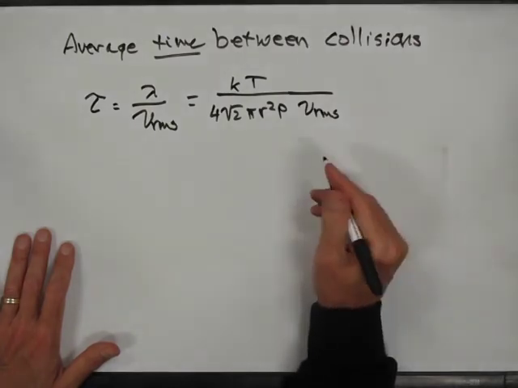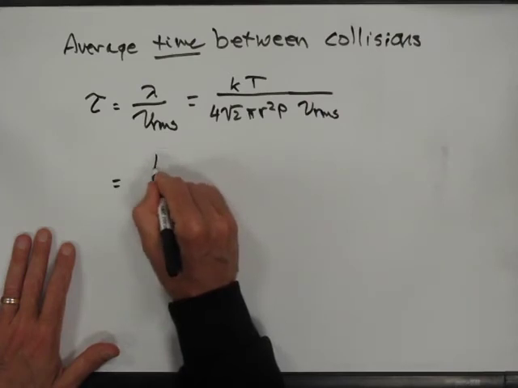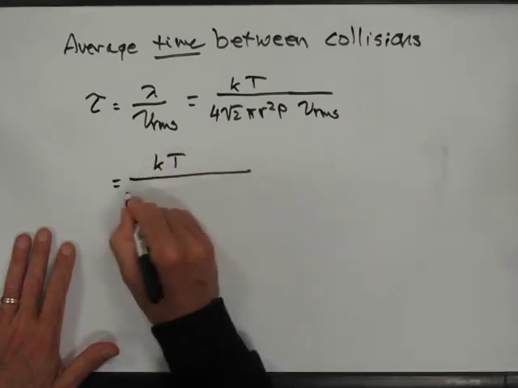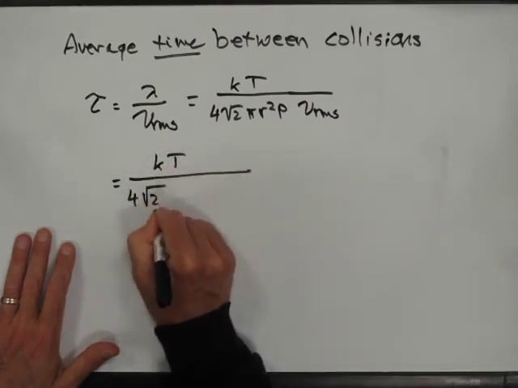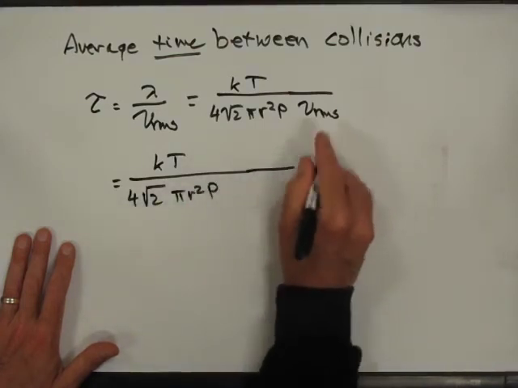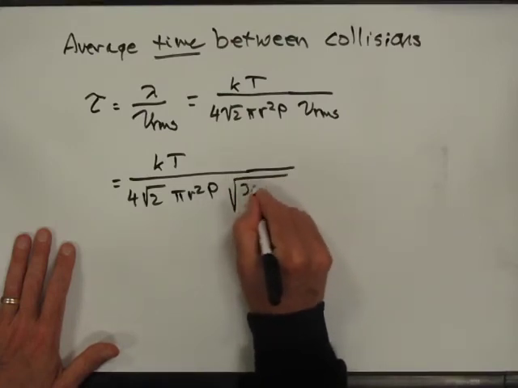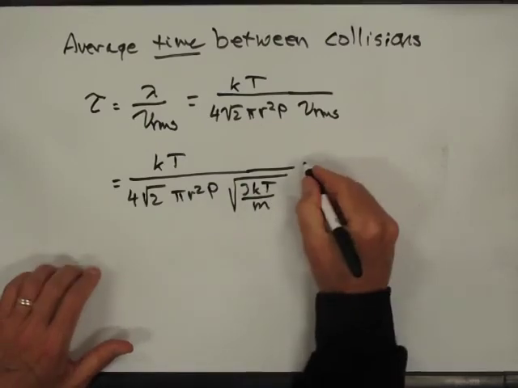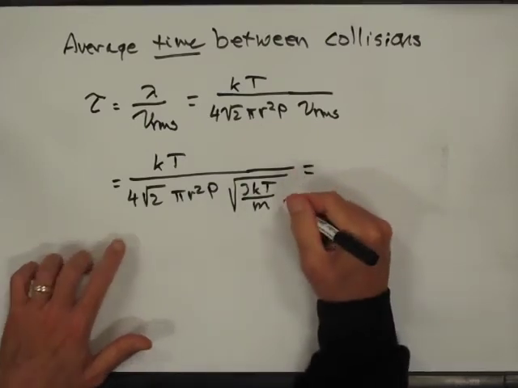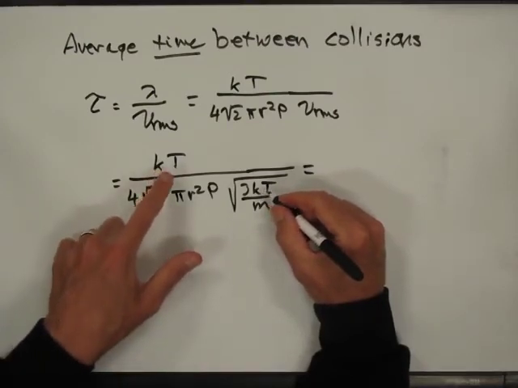And if you wanted to be a little more thorough about that, you could write that this way. You could say, well, that's kT over 4 times the square root of 2 pi r squared times the pressure, and if you remember, the RMS velocity was the square root of 3kT over the mass, right? And so I could rewrite this way.